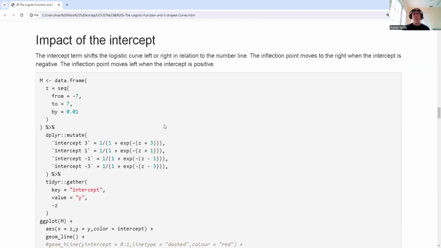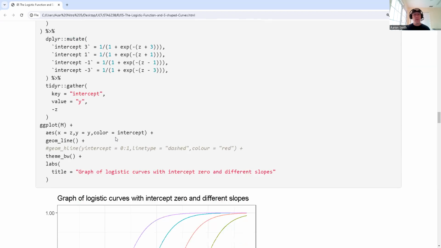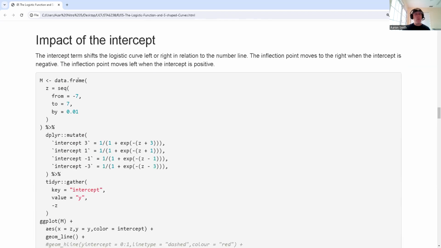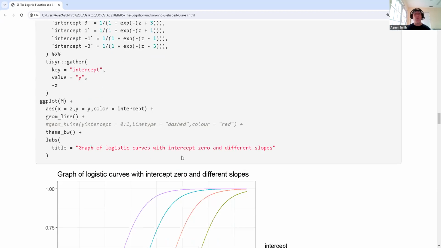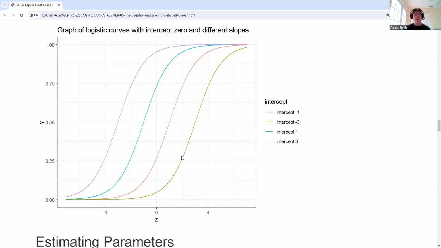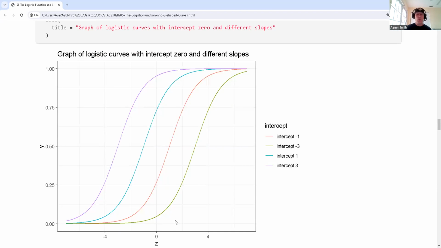Now the impact of the intercept is that it's going to shift our curve left and right along the number line. The inflection point moves left if we increase the intercept. Remember in college algebra when you had shift left, shift right on your functions? Well, things will go in the opposite direction from what we would expect because of where the 0 of z is going to be.